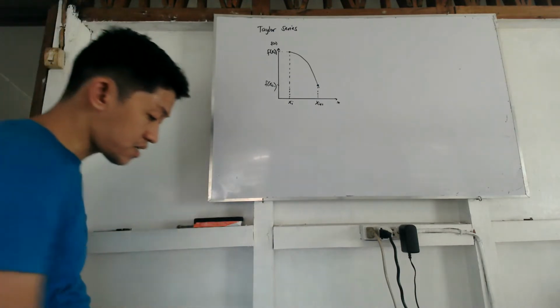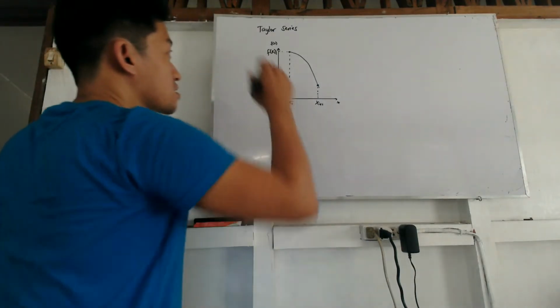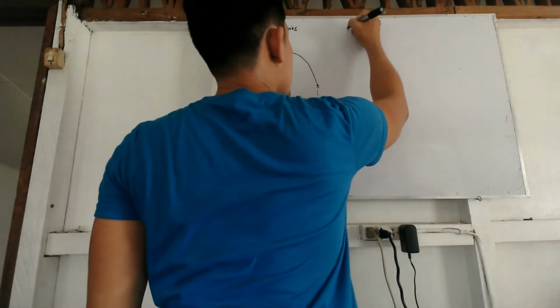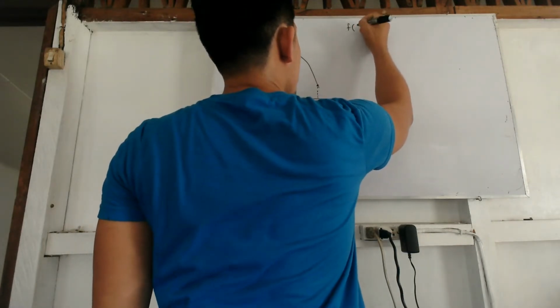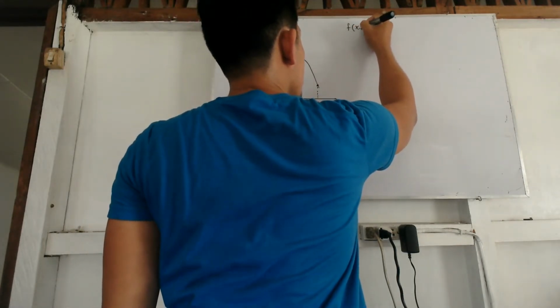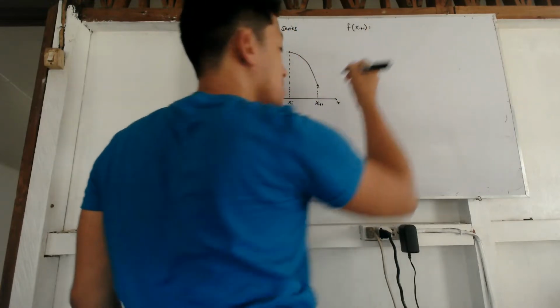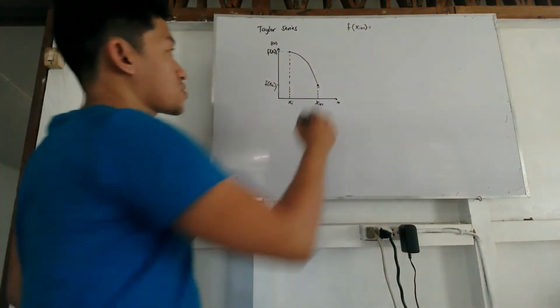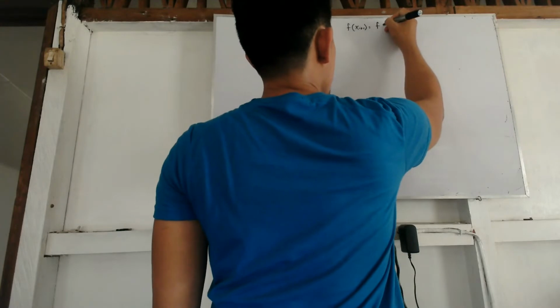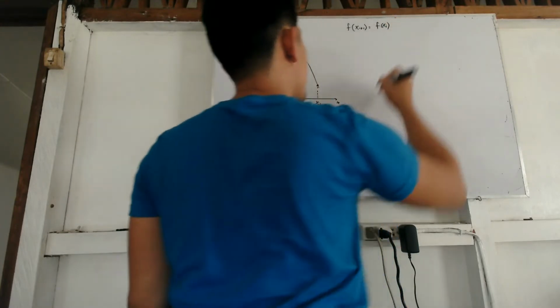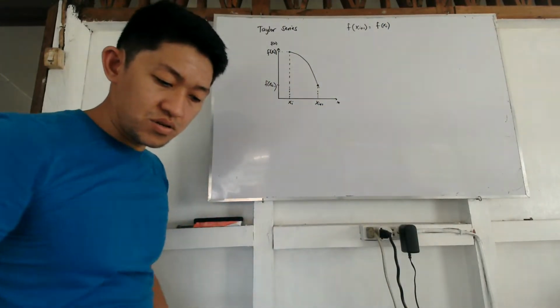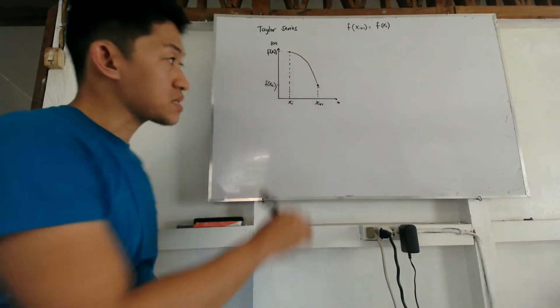So what is the Taylor series? The Taylor series states that f of x sub i plus 1 is just equal to f of x sub i. Okay? So, anong ibig sabihin nito?